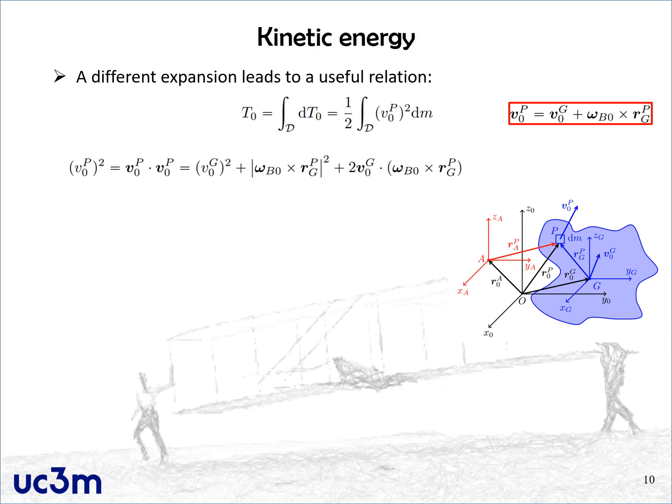Now, to complement this derivation, and similarly to the case of the angular momentum, we are going to obtain an alternative expansion of the integral. So we go back to our definition of the kinetic energy in terms of the integral, and here what we are going to use is directly the velocity field of the rigid body supported on point G instead of any arbitrary point A. Right?